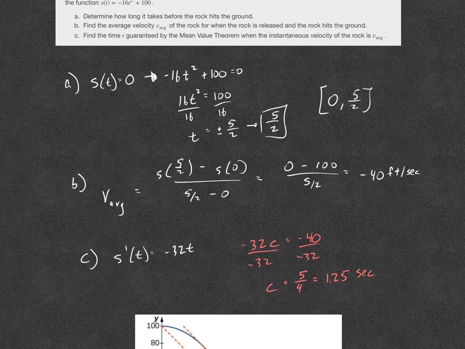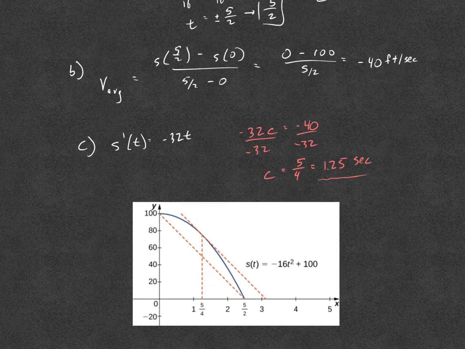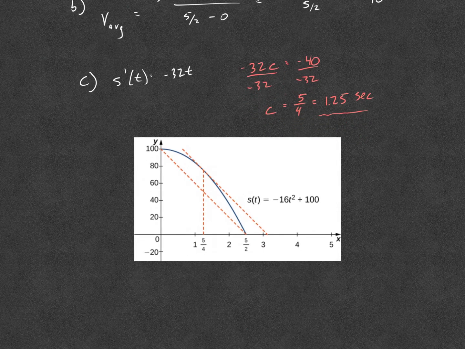So the instantaneous velocity of the rock at 1.25 seconds is equal to the average velocity over the whole trip down. We can see what that looks like on this graph. The dotted line is the average velocity over the whole trip, and at 1.25 seconds, the instantaneous velocity is equal to the average speed over the whole trip.